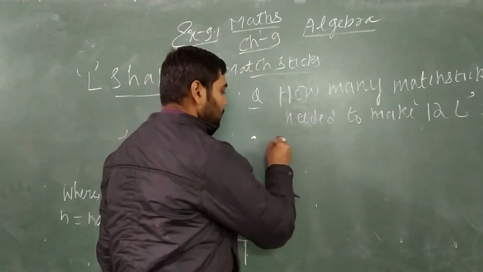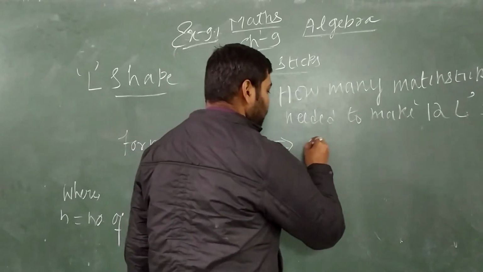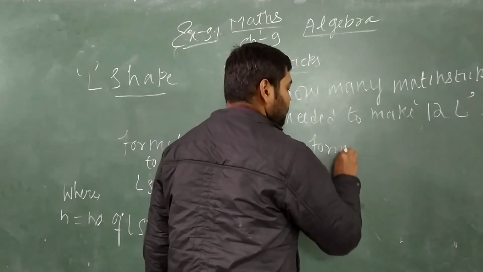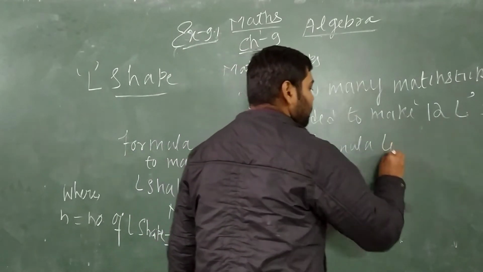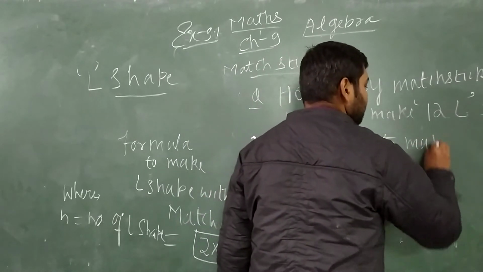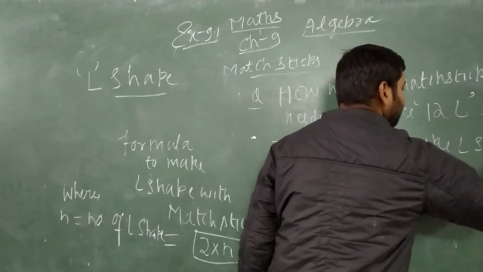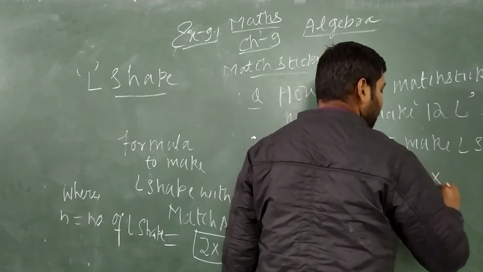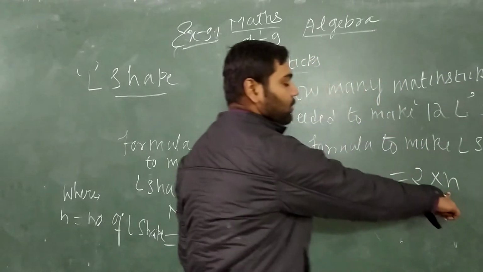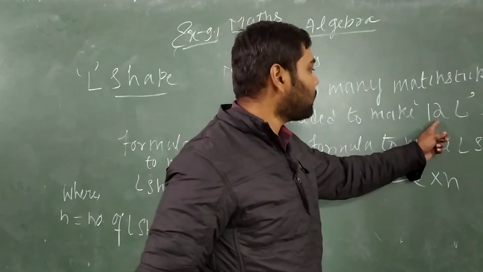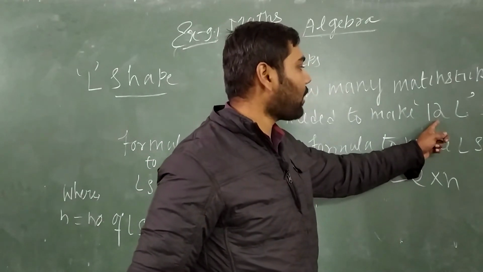We know that the formula to make an L shape is 2 into n, where n is the number of L shapes. So what number is given in the question? 12.